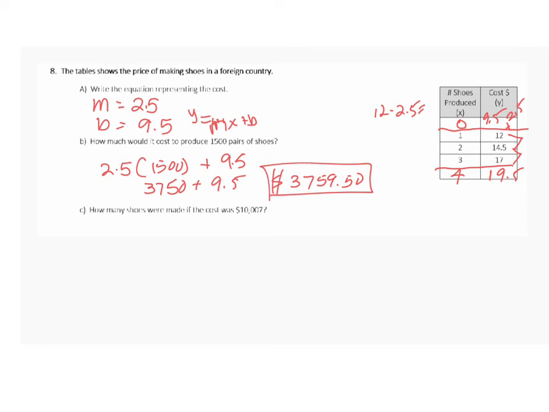This is how many shoes were made if the cost was $10,007. So what we're saying here is that I spent $10,007 and we have to solve this for x. We subtract 9.5.